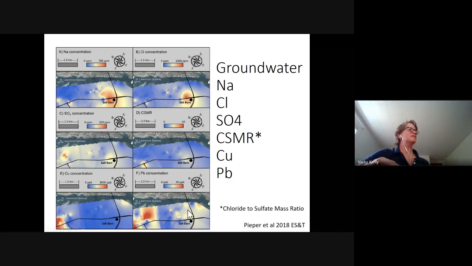And you see there is some lead in the groundwater around the salt barn, but by and large, most of the lead they found in this study was some distance from that salt barn. And if you look back up here, there's very little salt in the groundwater in that portion of the study. So they didn't find an association between lead and salt in the groundwater in this area.